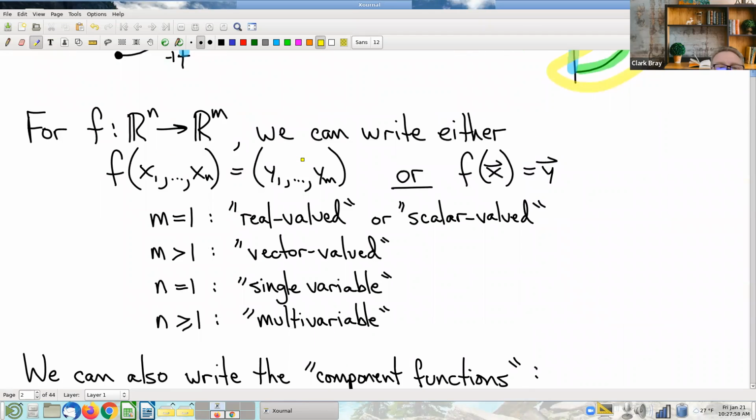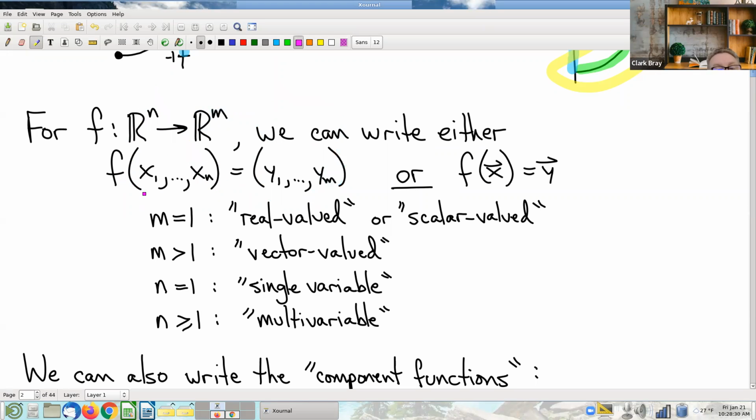Okay. Another little bit of lingo. We're talking about multivariable functions now. Multiple variables might go in, and multiple variables might be coming out. So here we've got m different output variables and n different input variables.